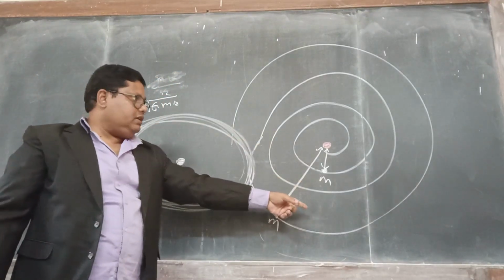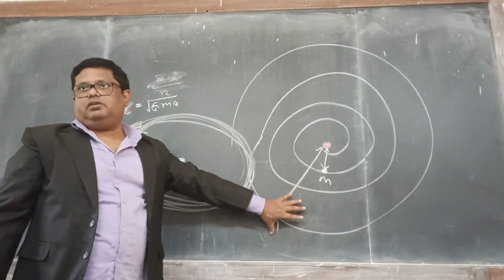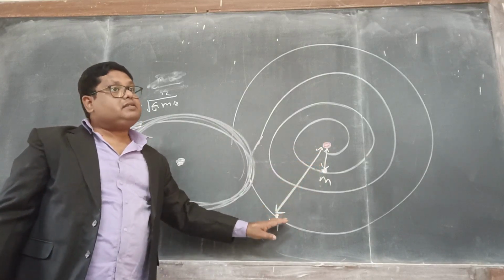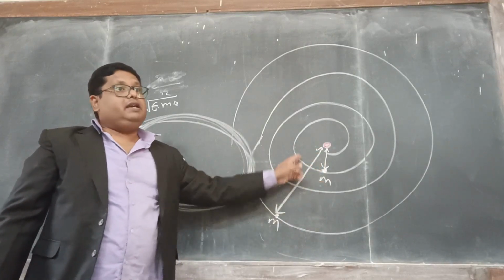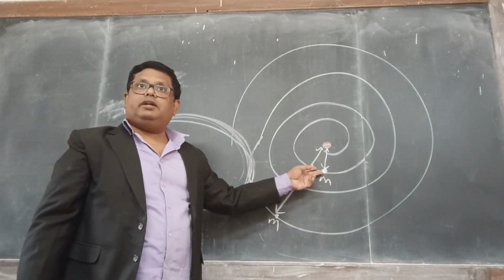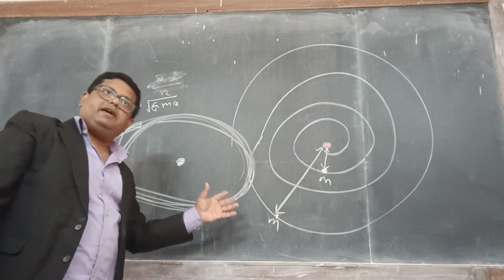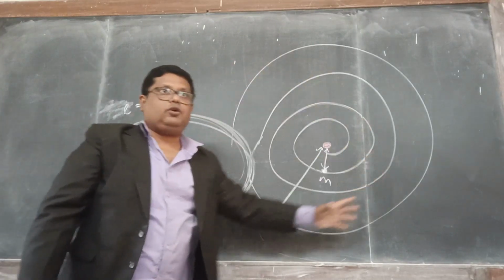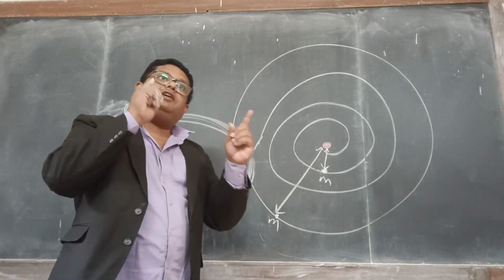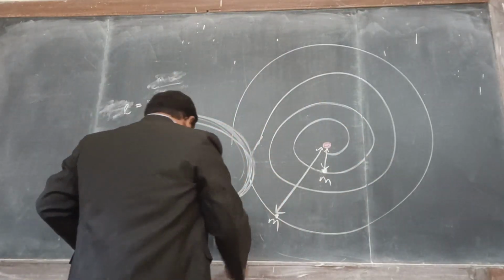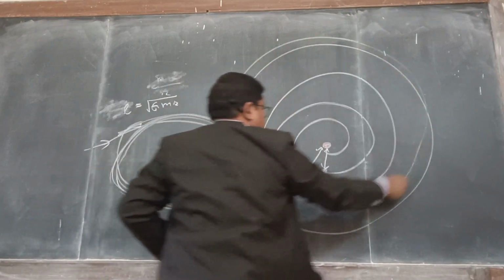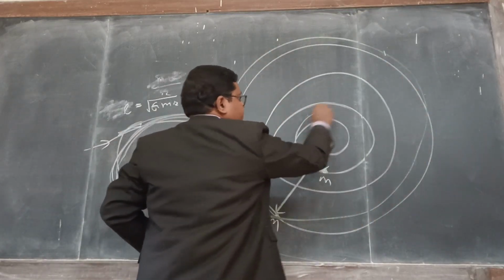So there is something going on as a result of which the angular momentum is decreasing. Otherwise, it cannot go into a circular orbit of lower radius. Another way to think of a spiral is as two concentric rings, one here and another over here.